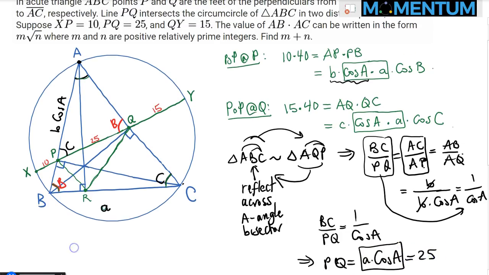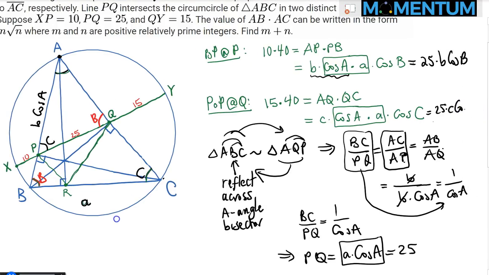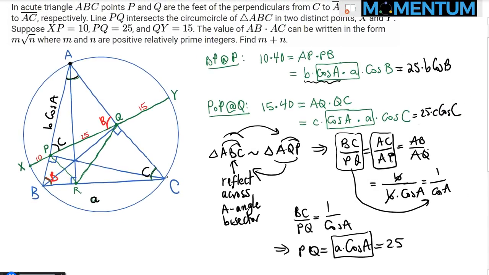That's pretty cool. So this whole thing reduces to 25 times B cosine B, and this one is just 25 times C cosine of angle C. Yeah, so that's pretty neat.